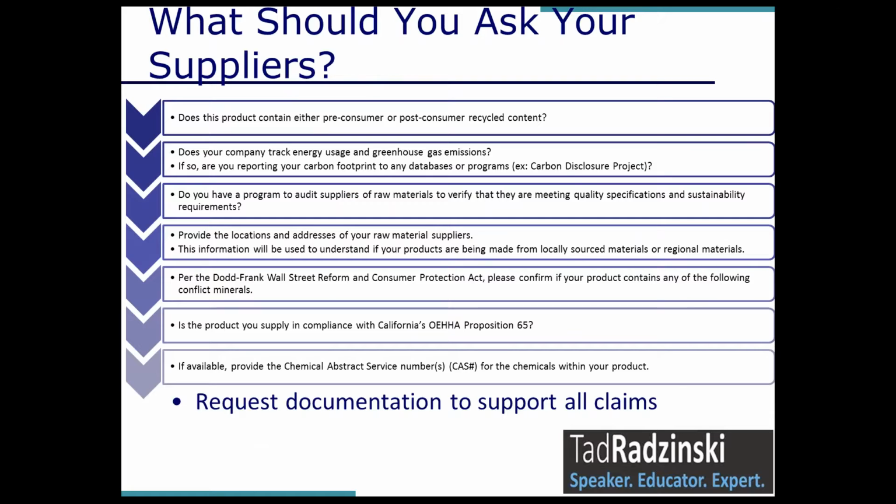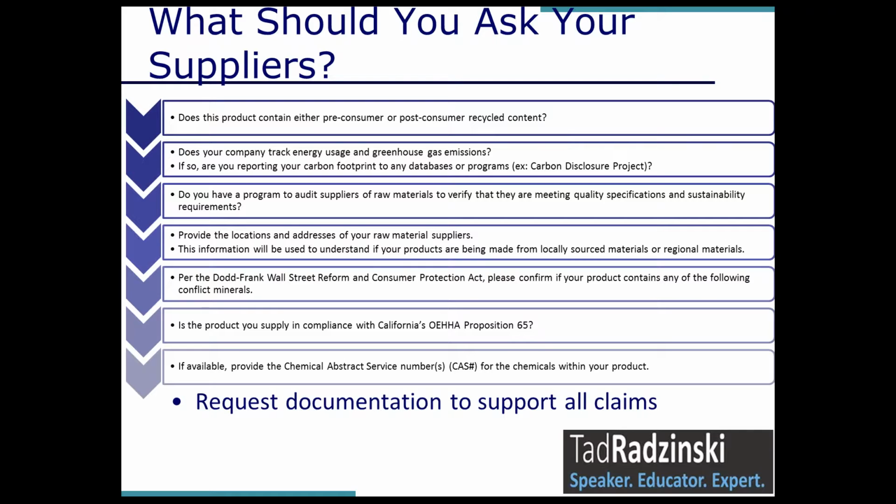But asking additional questions like this really gets us to understand also what are the other green aspects of the product, or what are the sustainable aspects of the manufacturing process from our suppliers, because it's really great to source a green material, but you want to make sure that it's coming from a manufacturer that's also doing good things and not having significant environmental impacts.